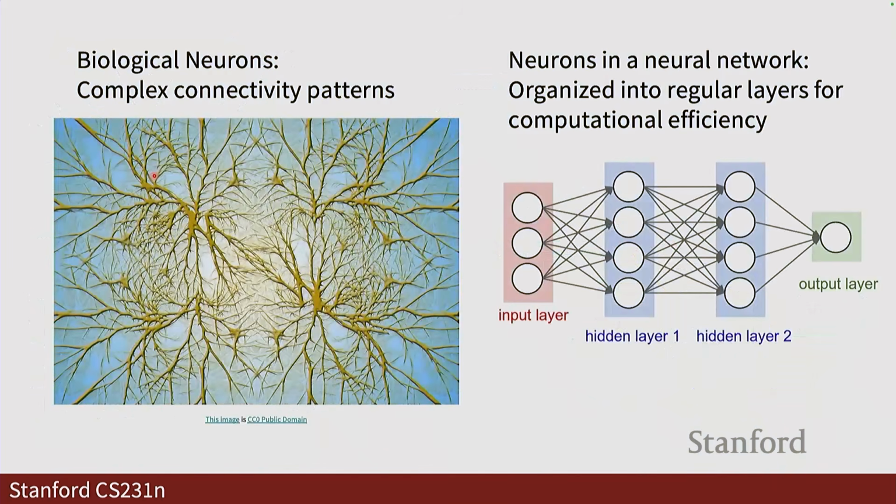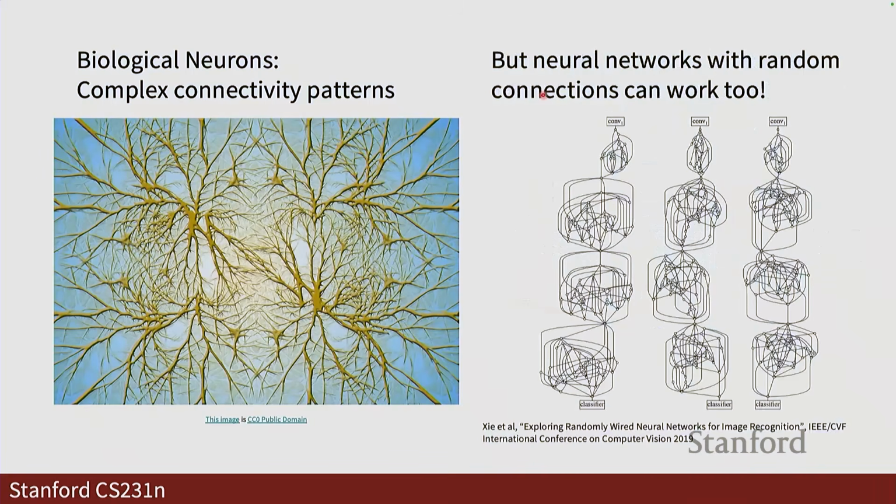So with that, again, there are many differences between biological neurons and how they could actually be much more complex than what neural networks we build look like. But generally, there are common concepts. Often the neural networks that we build are organized into regular patterns, and those patterns are because we want to have better computational efficiency when we implement the neural networks.